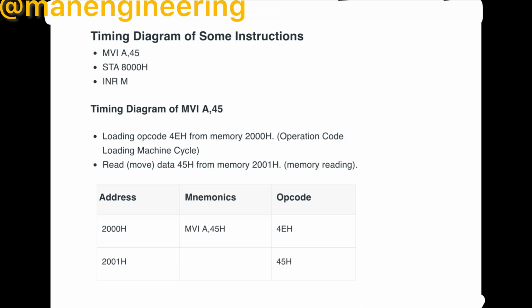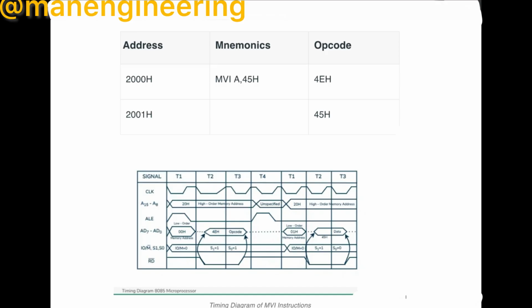Timing diagram of some instructions: MVI A, 45H, STA 8000H, INR M. Those are very important instructions. Timing diagram of MVI A, 45H. Loading opcode 3EH from memory 2000H. That is the opcode fetch machine cycle.